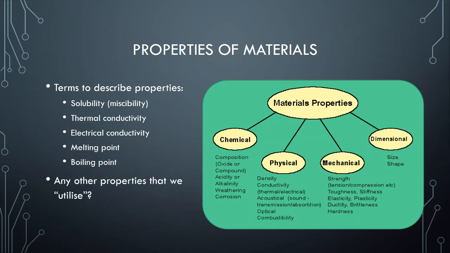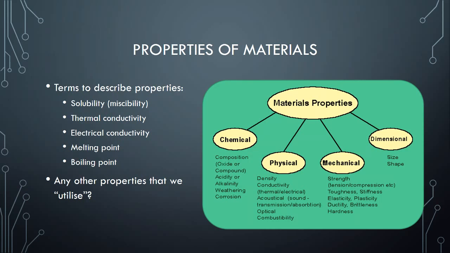Thermal and electrical conductivity, also melting and boiling points. And if you look at the flowchart, material properties can be categorized into chemical, physical, mechanical, and dimensional. Just write it down so that you know how to categorize some of the properties that materials have.